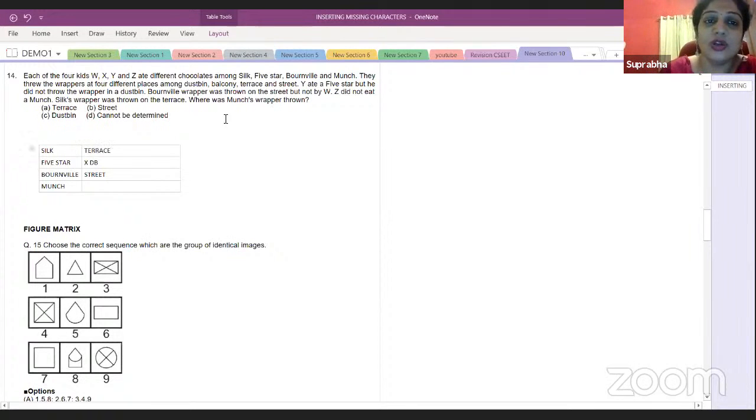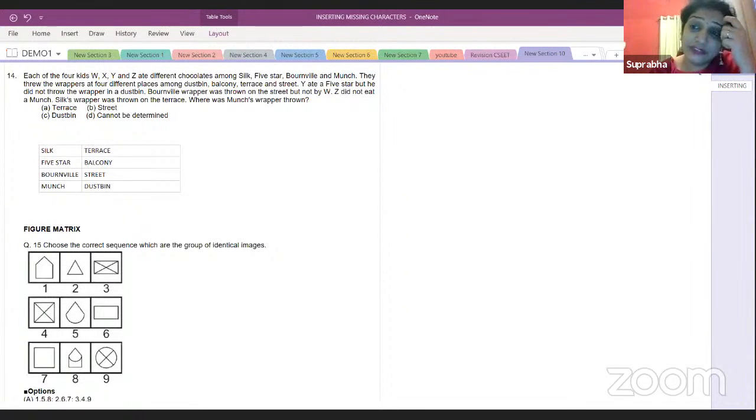Okay. Now where was Munch's wrapper thrown? So now terrace is there, street is there. Left out are only two, which are dustbin and balcony. 5-star is not thrown in the dustbin, so automatically 5-star is thrown on the balcony, and left out is Munch, which is thrown in the dustbin. Yes, yes. Everyone, whoever gave me the answer, perfect.